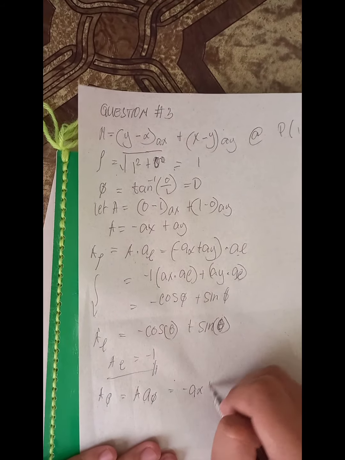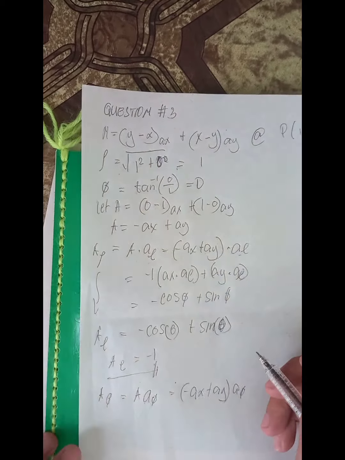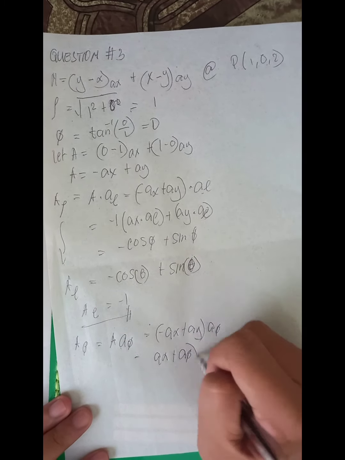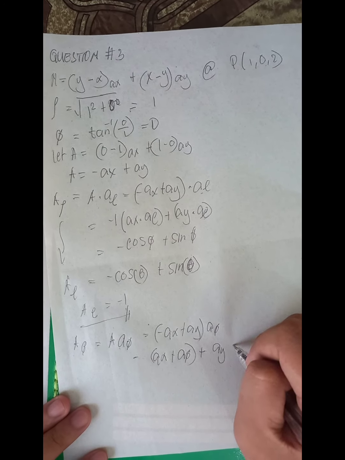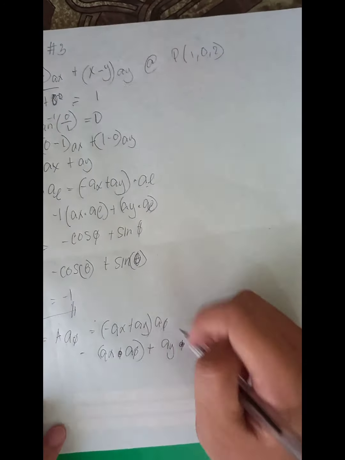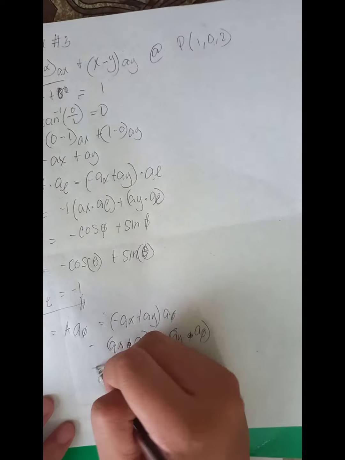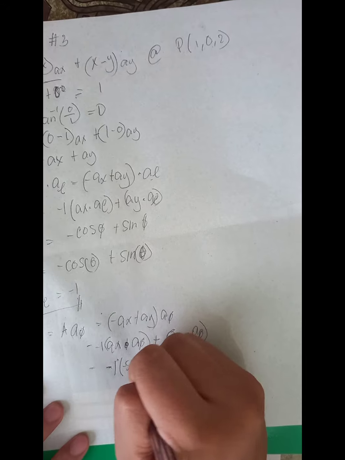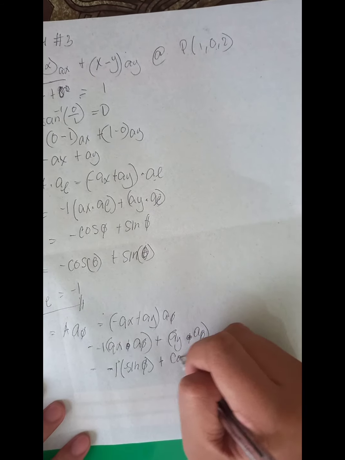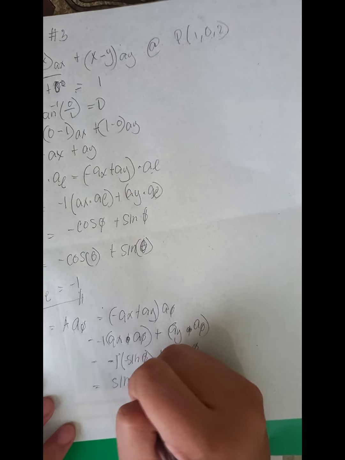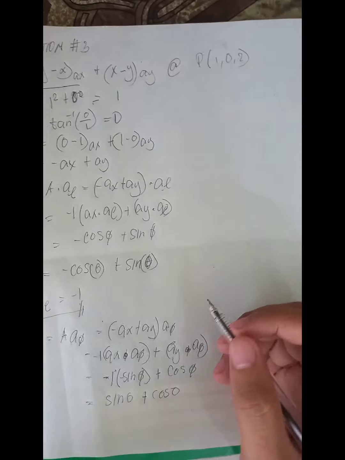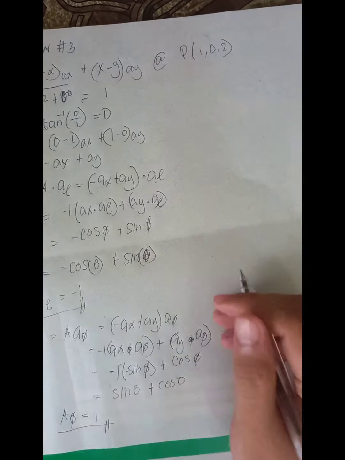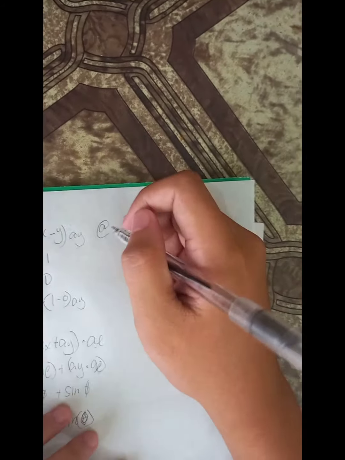In A phi, the same method, we distribute the phi so that we can get the value in the table of AX dot A phi. The value of that is negative sine phi plus the value of sine phi in the table. We distribute the 0, so we have the total value of A phi as 1.